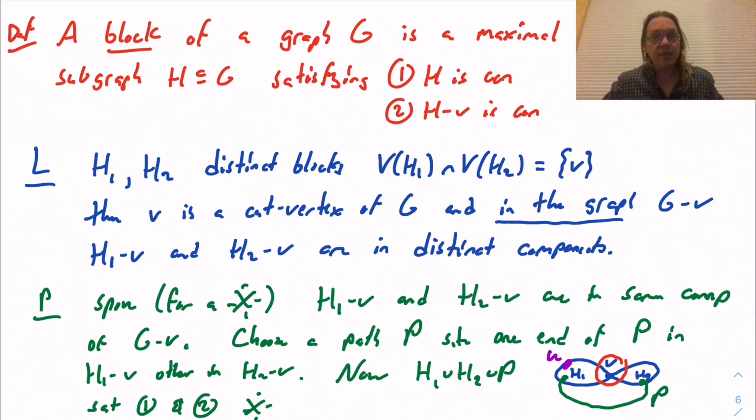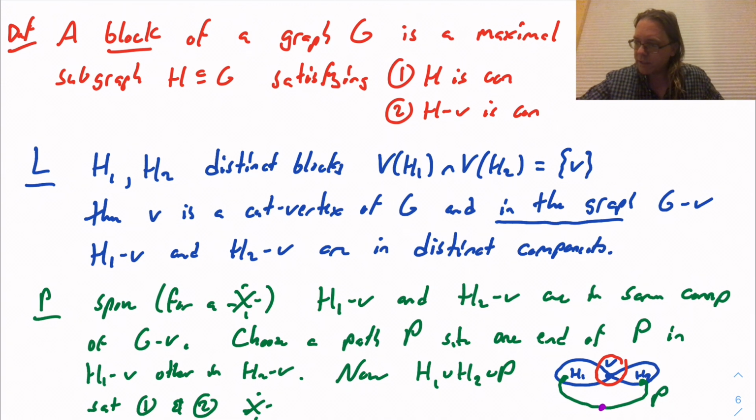Therefore, their union is going to be connected. Now, that vertex U might or might not be the end of the path P, but it doesn't really matter. If you take a path and remove its end, you still have a connected subgraph, and that connected subgraph is going to overlap with H2, and that means their union will be connected. So if you delete a vertex U out here, you're going to stay connected.